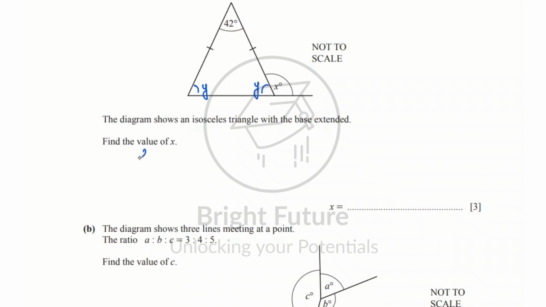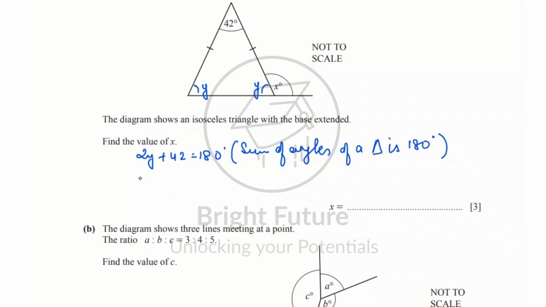So 2y plus 42 equals 180, since the sum of angles of a triangle is 180. So y equals (180 minus 42) upon 2. That gives 69 degrees. So we get this angle as 69 degrees.